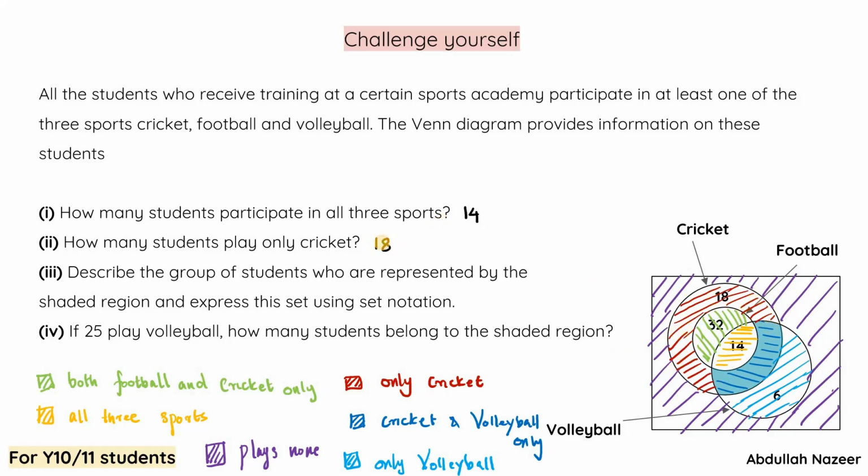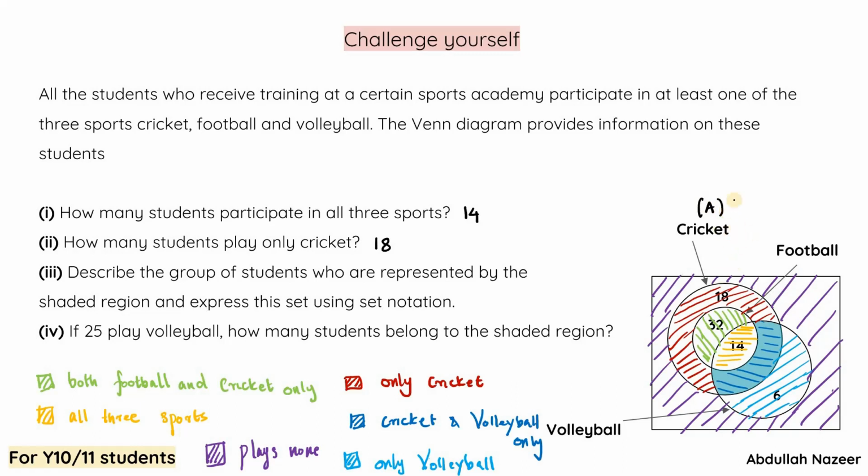The third question, describe the group of students who are represented by the shaded region and express this using a set notation. We've already identified what that shaded region is, that is cricket and volleyball only. However, we need to write that in the set notation. So to do that, I'm going to name cricket as my set A, because when you're writing in set notation, it's easier if you have each set named after an alphabet.